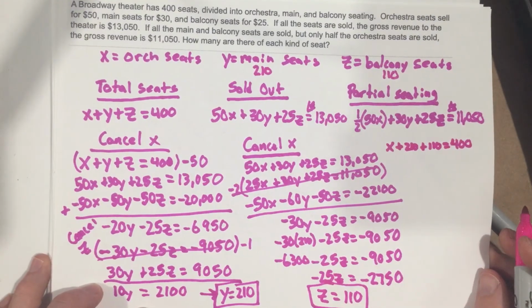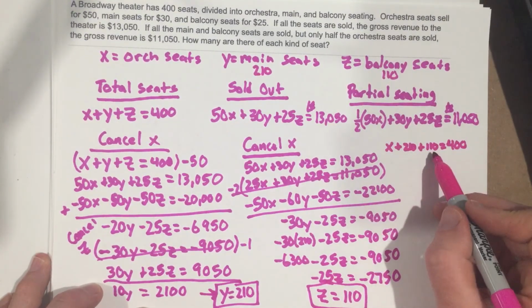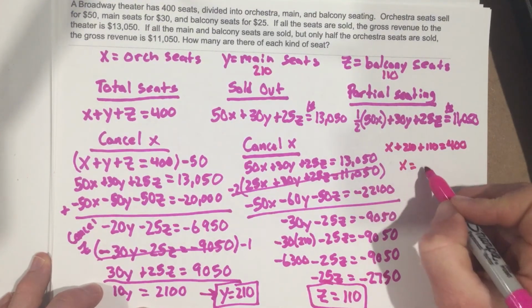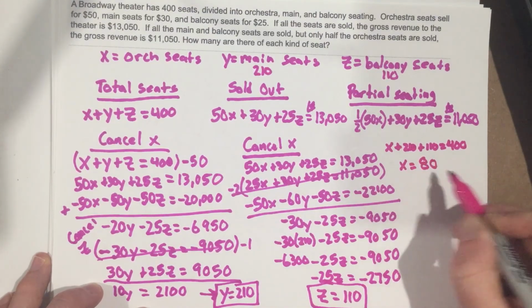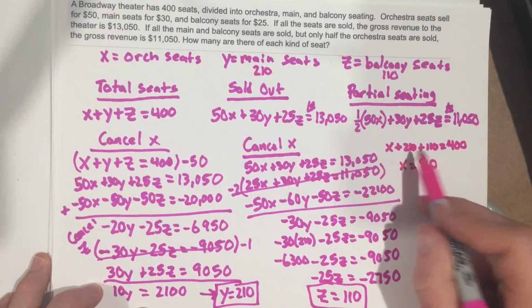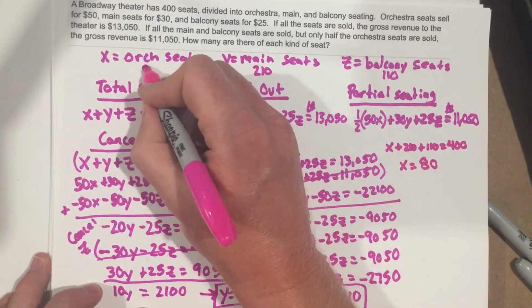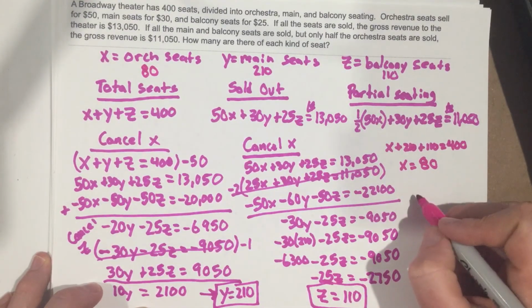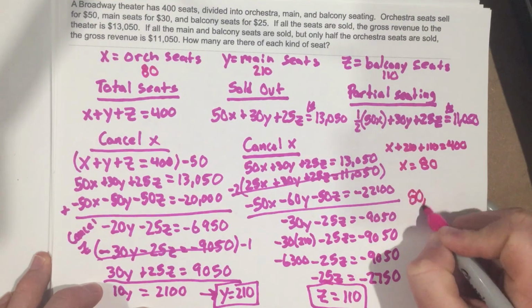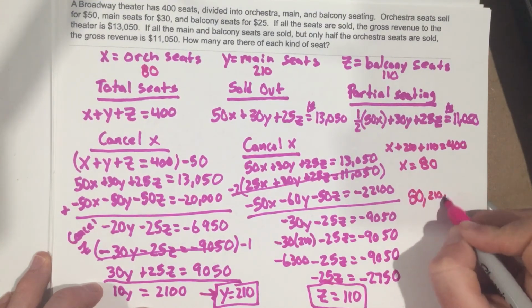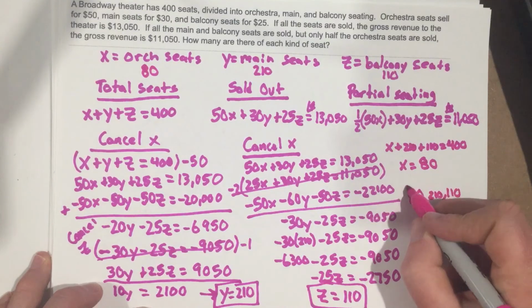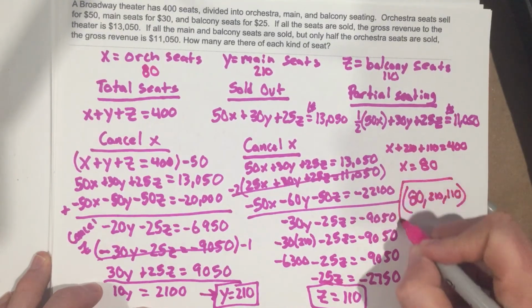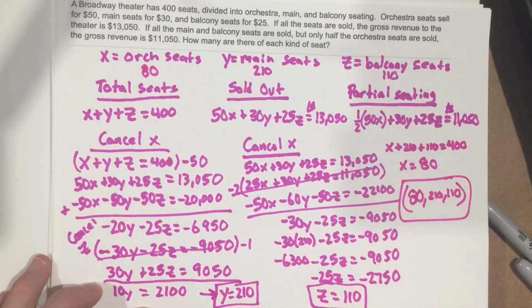We're going to subtract out the 210 and the 110, so X is going to equal 80. 400 minus 110 minus 210, that's 80. So we have 80 orchestra seats. So our solution is going to be 80, comma 210, comma 110 seats. Hope that makes sense.